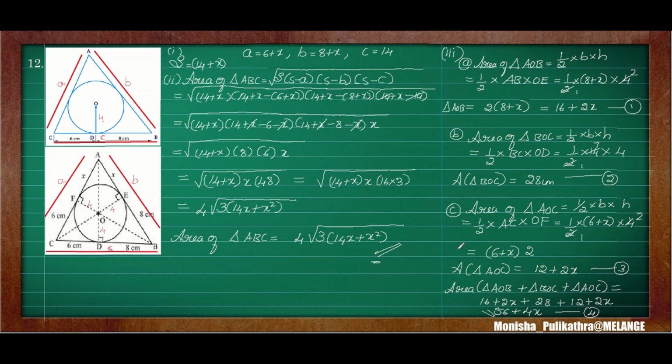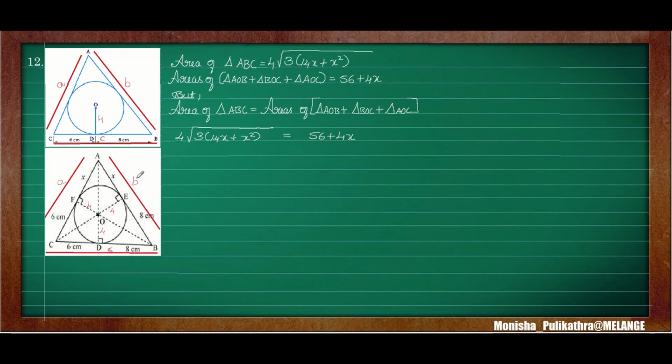Okay, so continuation is, we have already found out area of triangle ABC. Area of triangle ABC is 4 root 3 into 14x plus x square, and areas of all the separate triangles we have already found out, that is triangle AOB plus triangle BOC plus triangle AOC areas. So when we add all those things, we will get 56 plus 4x.